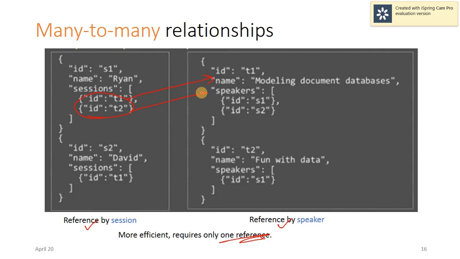Same goes if you go to this session collection, then you are going to see the document key, and you will go directly to the speaker collection here. Instead of going 3 times to the server, this one will only require 1 reference, or 2 times 1, and then this is 2.